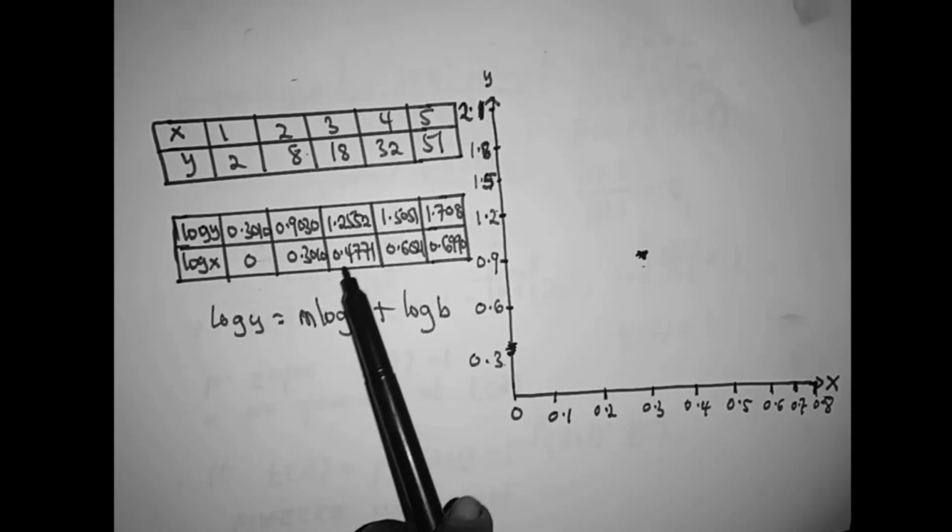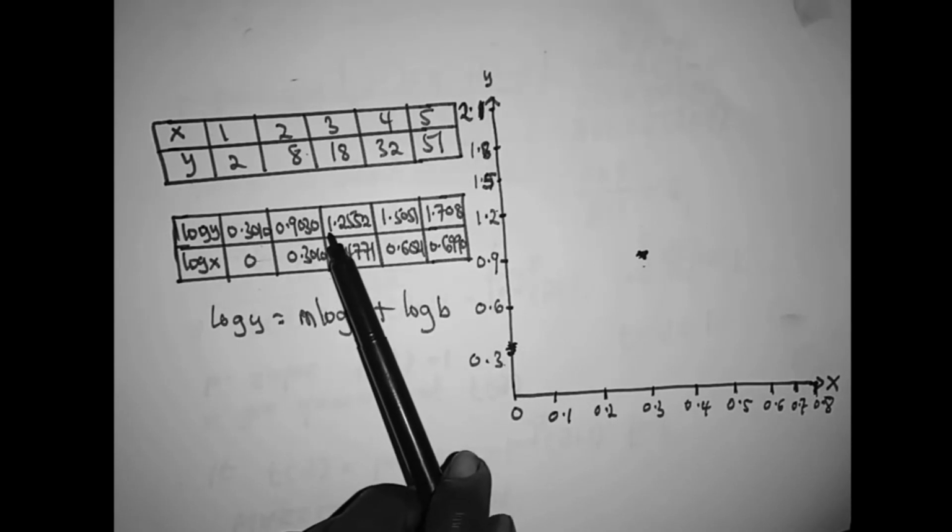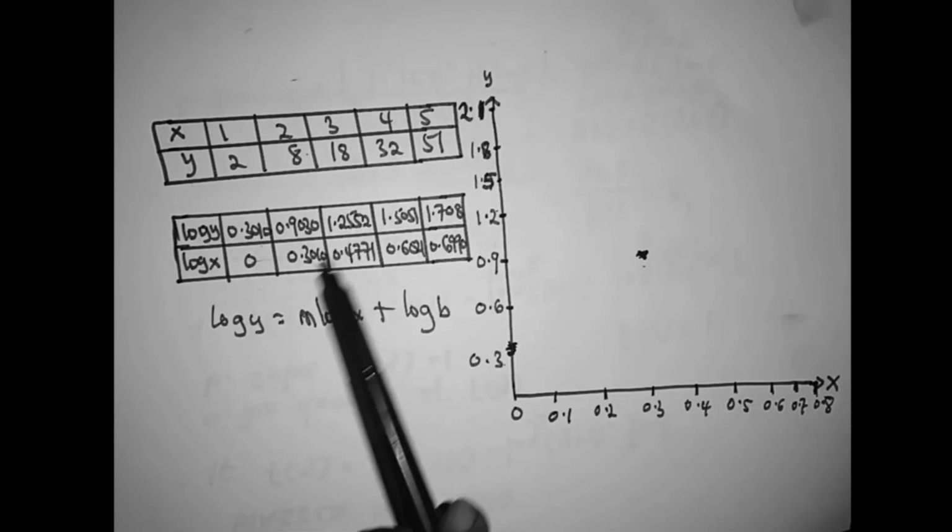And then the next value is 0.477 against 1.255. Now remember that each unit becomes 0.01. So 0.477 is around 0.48, which is somewhere here.